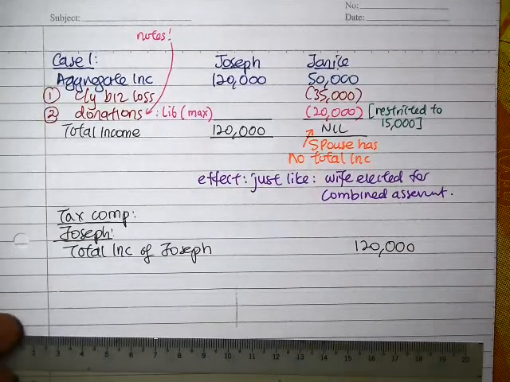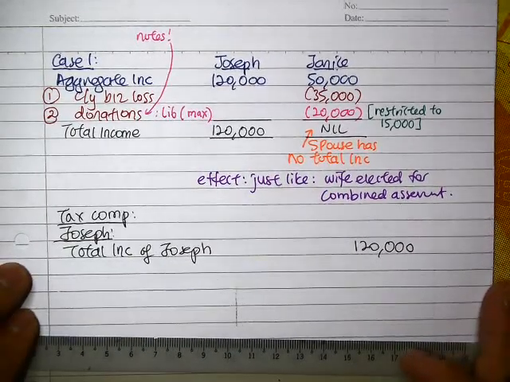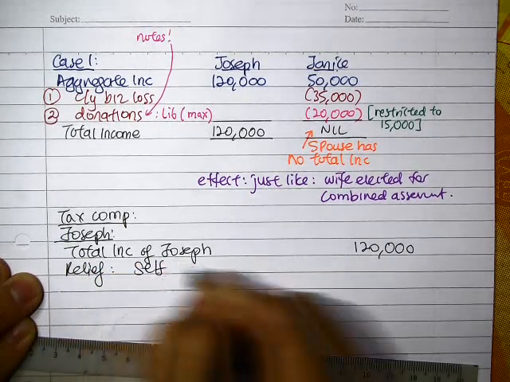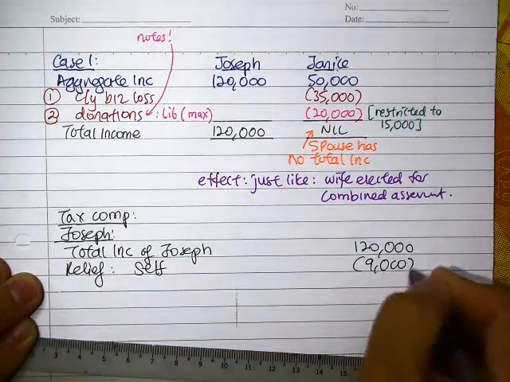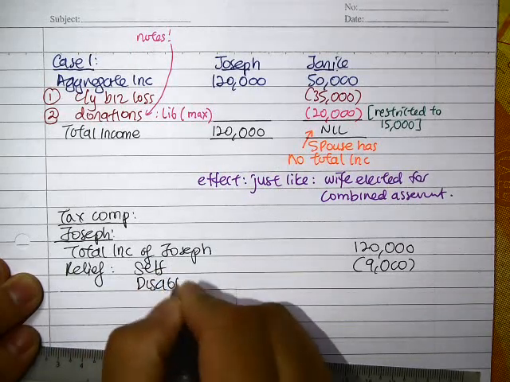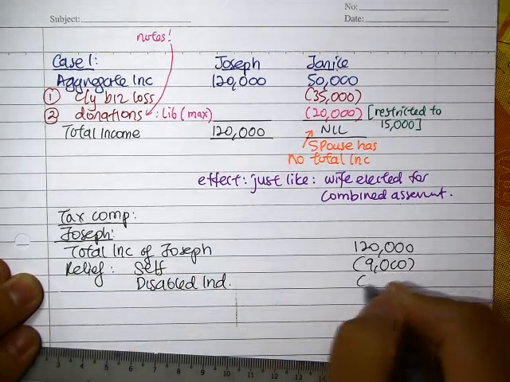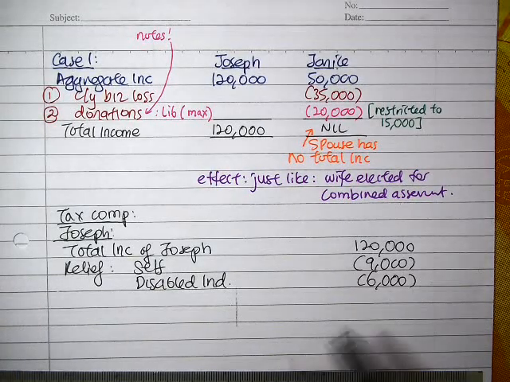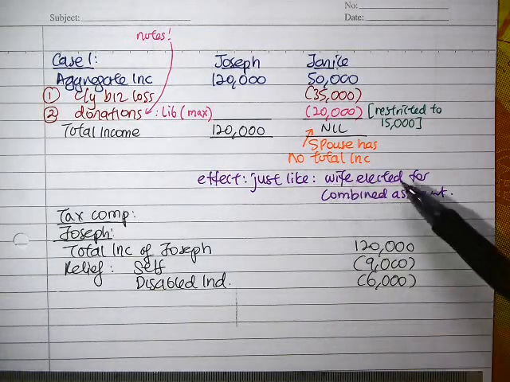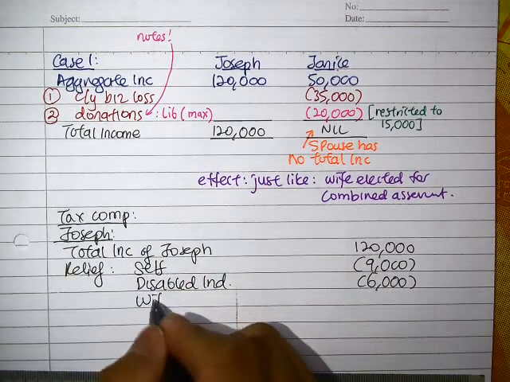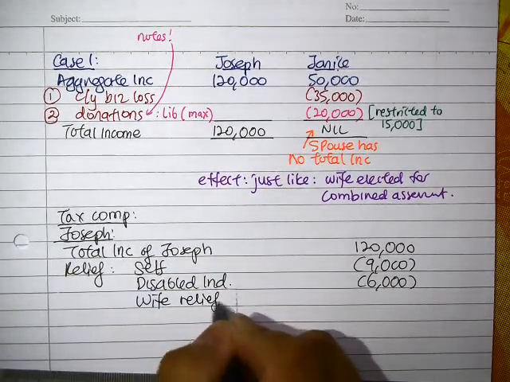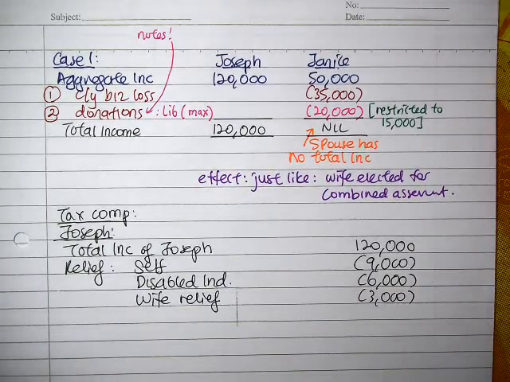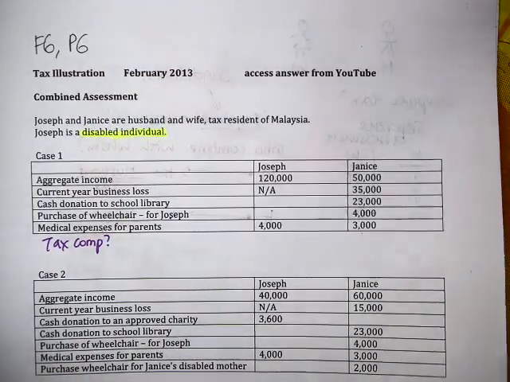So what happens here is whenever you see a situation where the spouse has no total income, the effect is just like the wife elected for combined assessment. You clear?